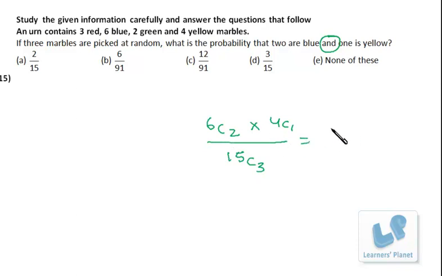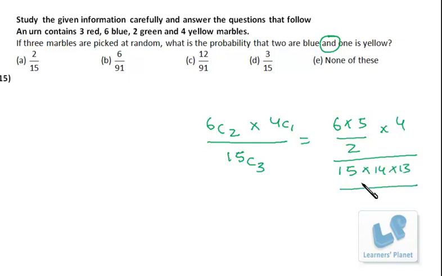Now what will 6C2 be? Just start with 6, go 2 steps downwards: 6 into 5 by 2, into 4, divided by 15C3. How do you solve that? 15, go 3 steps downwards, into 14 into 13, by 3 factorial, that is 6. Okay, so we have to solve this.